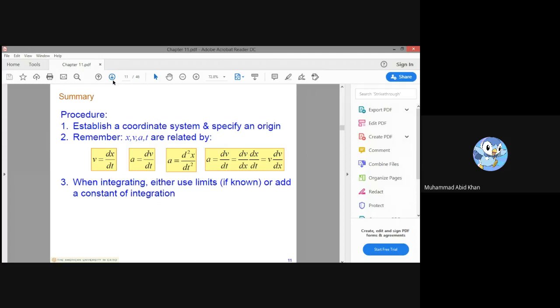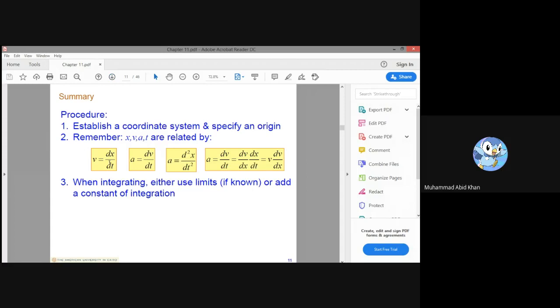Okay, now I want to summarize these topics. Procedure: what is the procedure? Establish a coordinate system and specify an origin. The second thing, remember x, v, a, t: distance, velocity, acceleration, and time are related by these given equations.